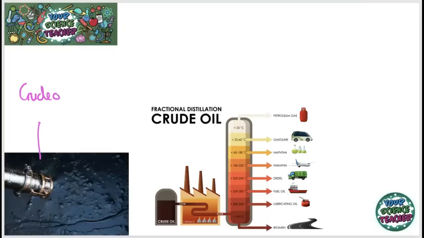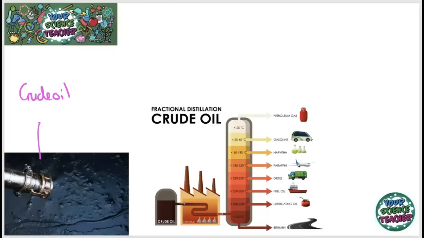And crude oil is mined from the ground, often quite deep beneath the sea, and it's made up of dead plankton and fish remains that have been there over millions of years, and over time have been compressed at really high temperatures and pressures and formed crude oil.